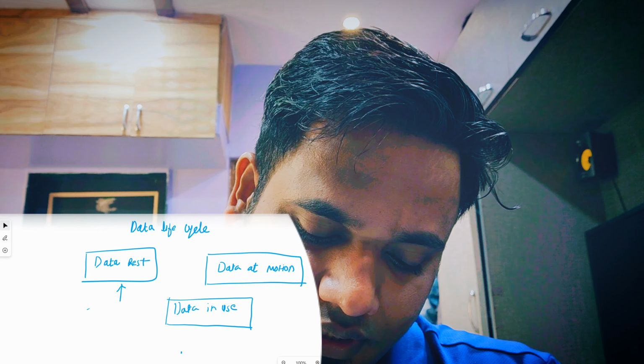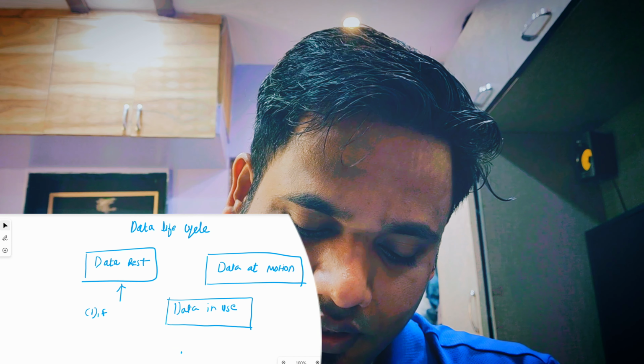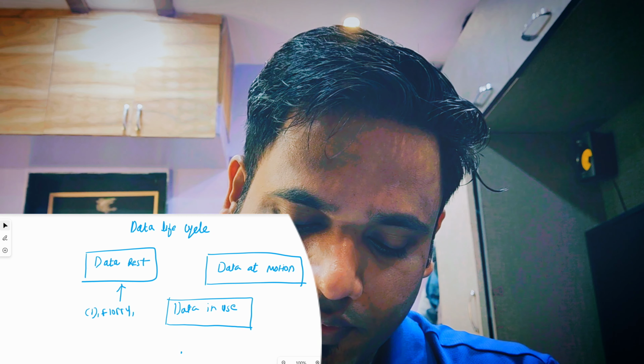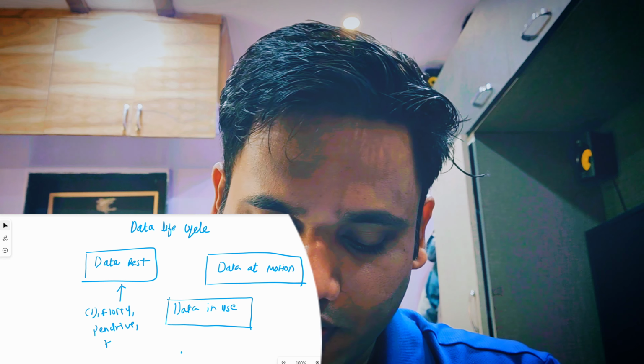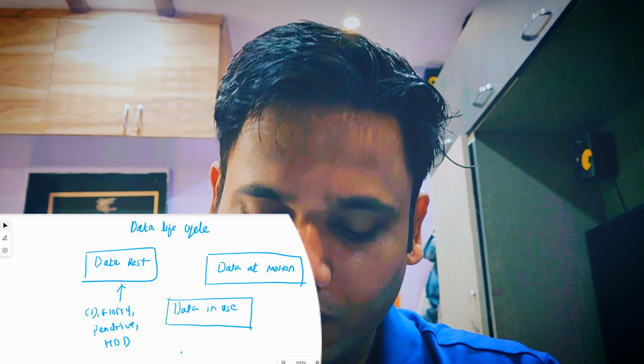If you have, say, a CD, a floppy, a pen drive, or a hard disk, whatever storage device you have, if you are keeping data inside that storage device and we are not using that data, we call it data at rest, right?